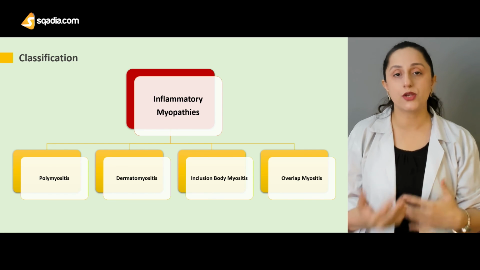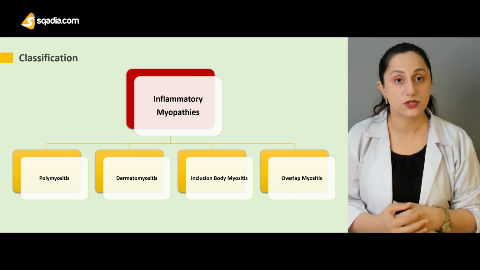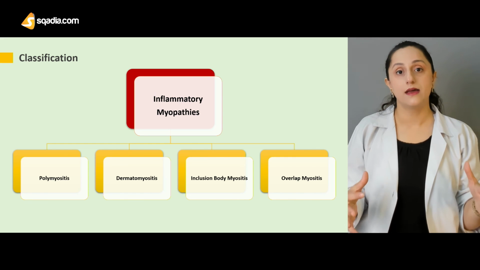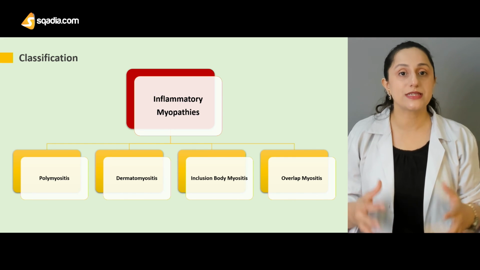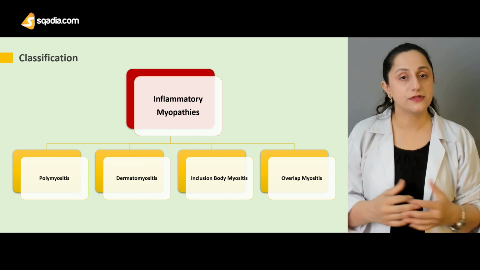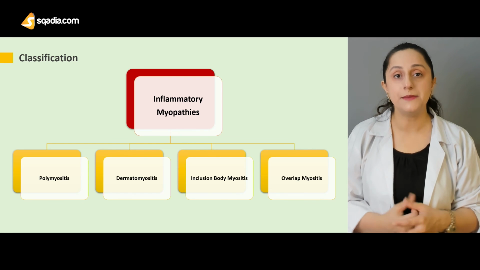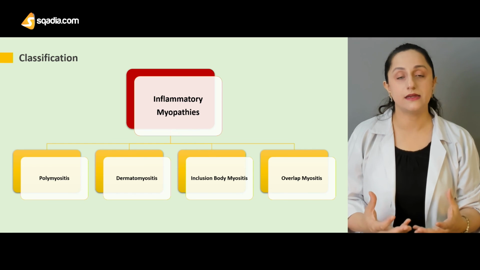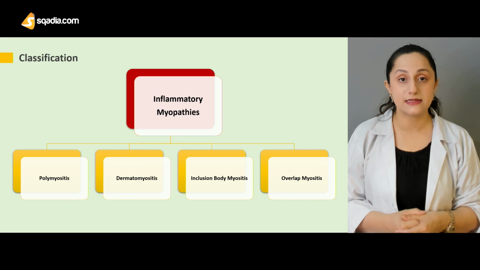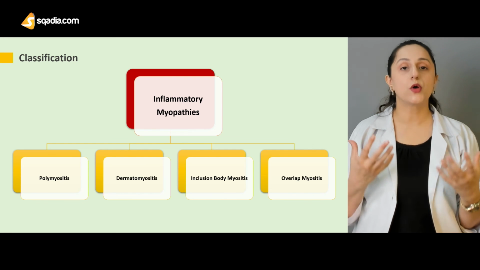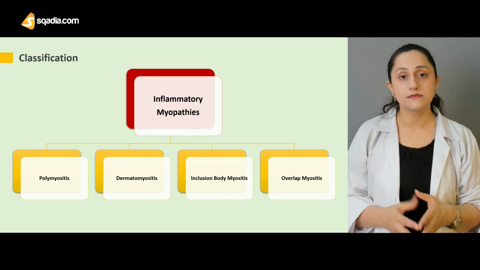And obviously, we cannot play with the genetics of an individual, but we can subside the stressful conditions in the environment, as environmental factors can trigger the incidence of polymyalgias or polymyositis in the individual.